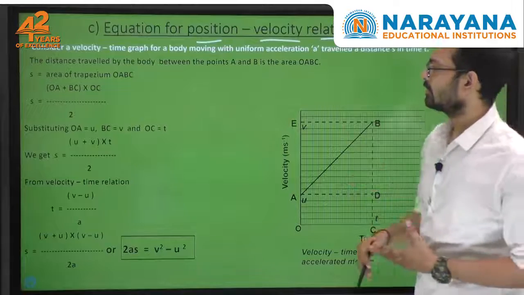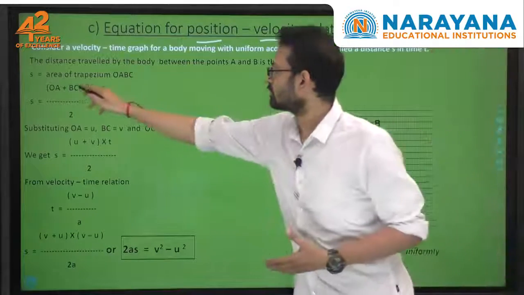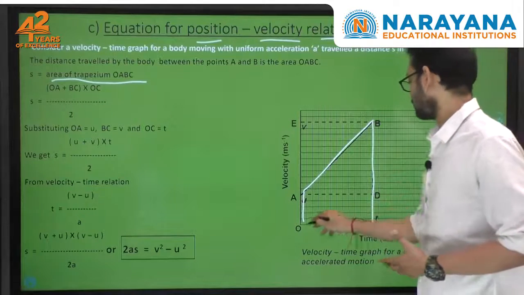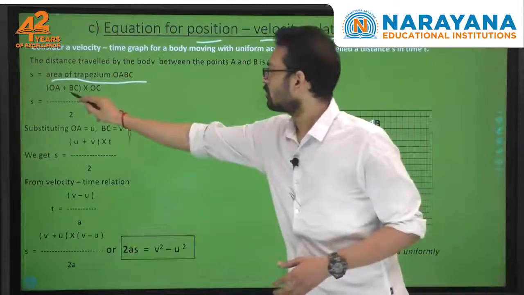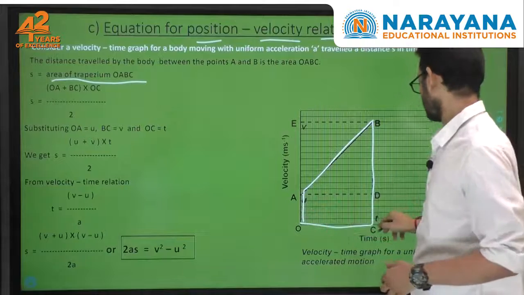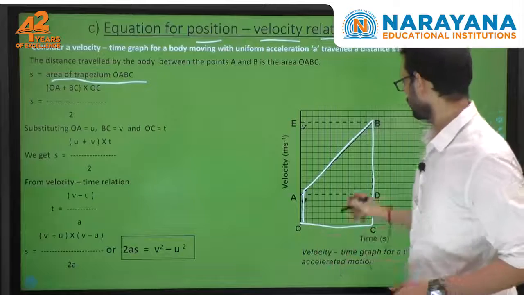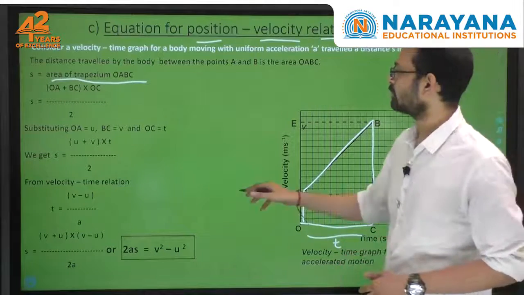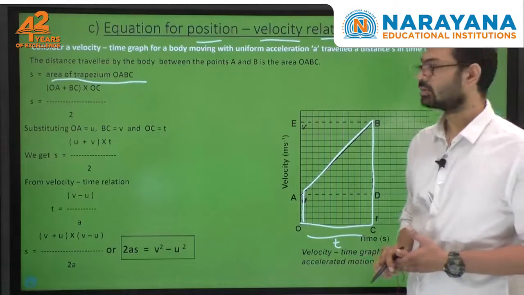Now to find that, you have to find the area, because this is a distance relation. The area of the trapezium OABC is OA plus BC, into OC, which is this side, T, all divided by 2.